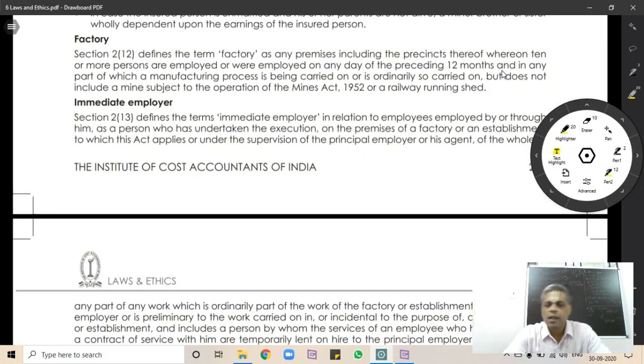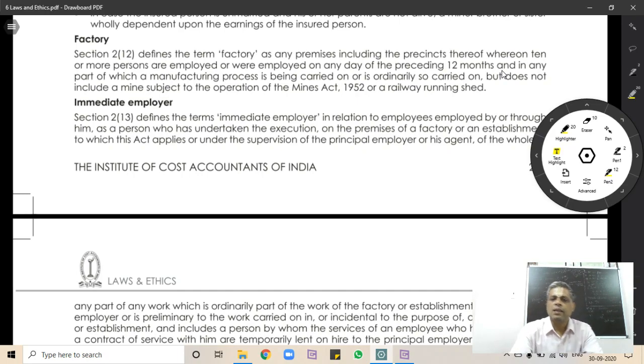Now, there are two different types of employers that we will deal with here. One is an immediate employer, the other one is a principal employer. I can explain this through an example. Many companies operate through contract laborers.